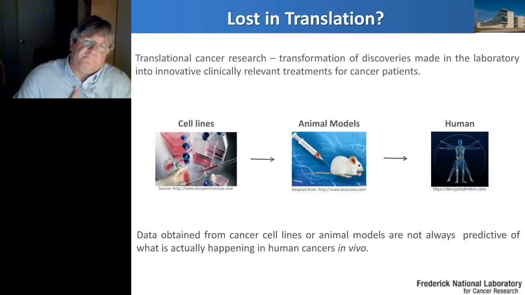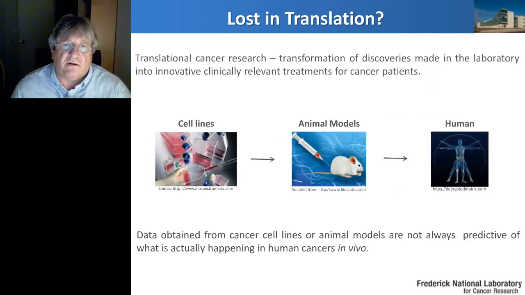So now I would like to switch gears and talk about translational research. We are lost in translation, so why? I would say this: we understand cancer cell biology very well, and we were able to treat cancer very successfully in a Petri dish. Then we also understand that there are a lot of cancer animal models, and we understand the cancer biology in animal models.